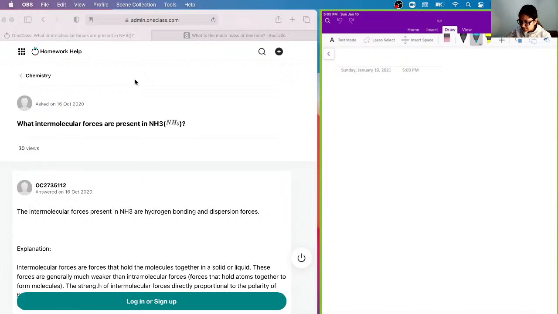The first question says: what intermolecular forces are present in NH3? So NH3, this is ammonia.